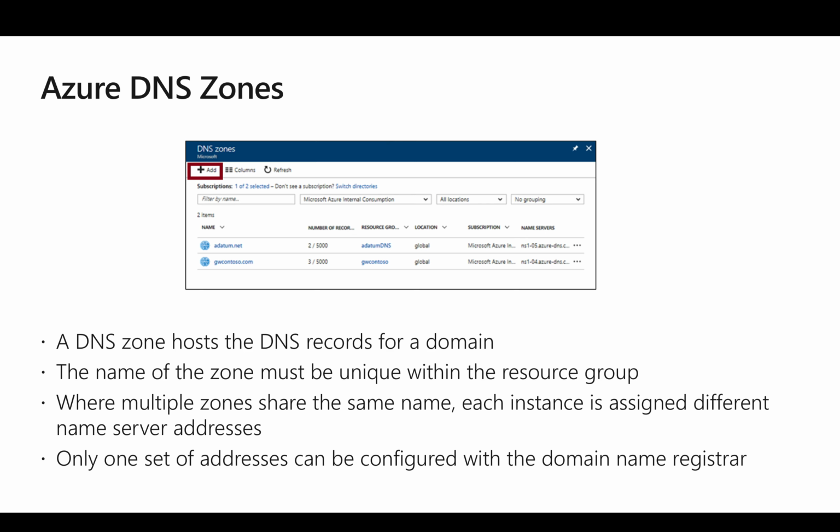But at the end of the day, if we want to expose that adatum.net to the outside world, we might need to get it registered or configured with the DNS registrar, and in that case we can register only one adatum.net.